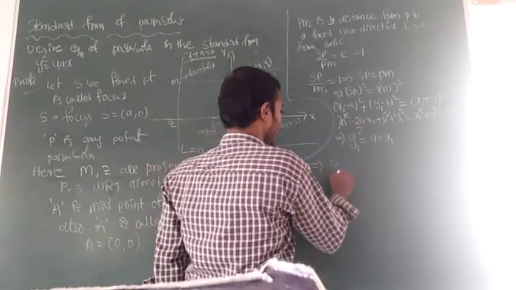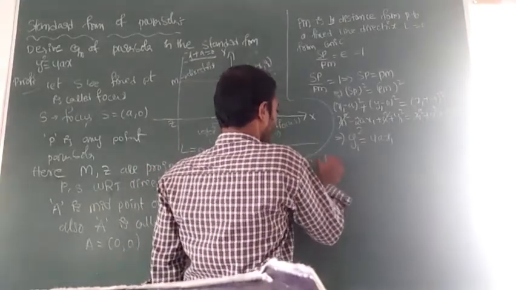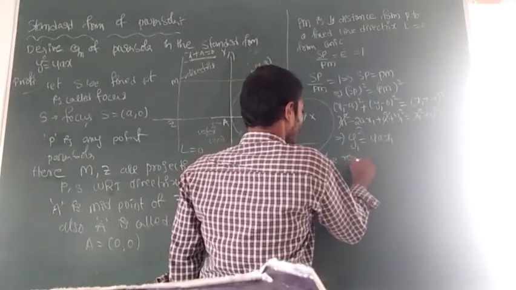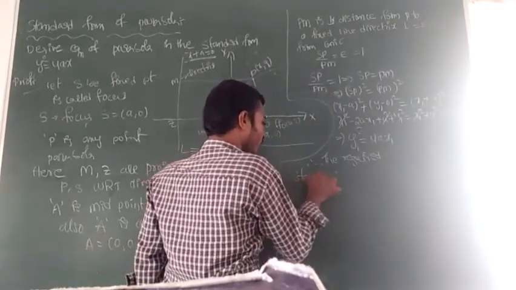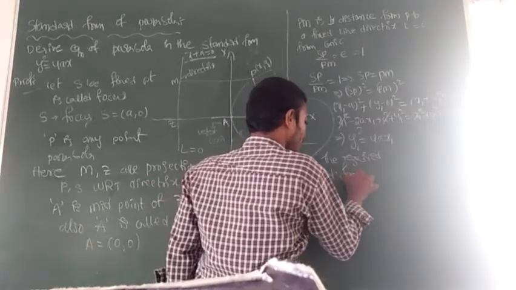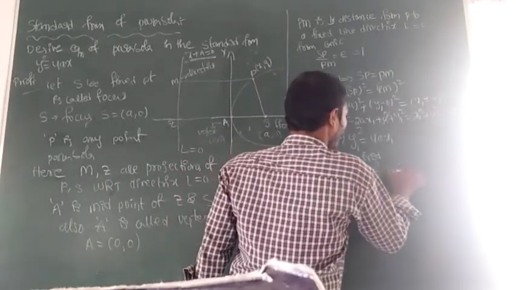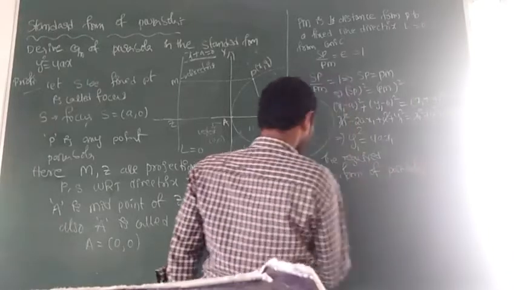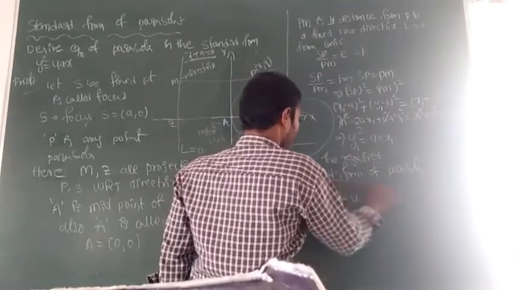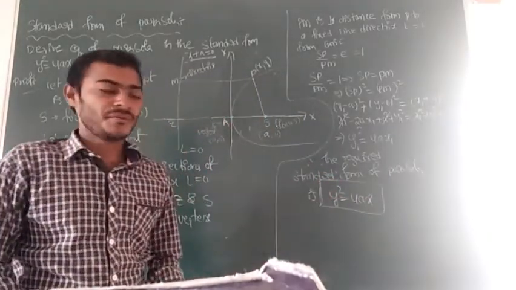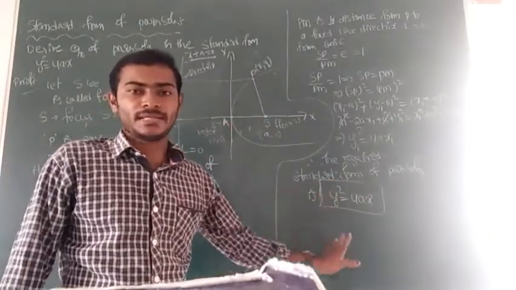Therefore the required standard form of parabola is y square equal to 4ax.